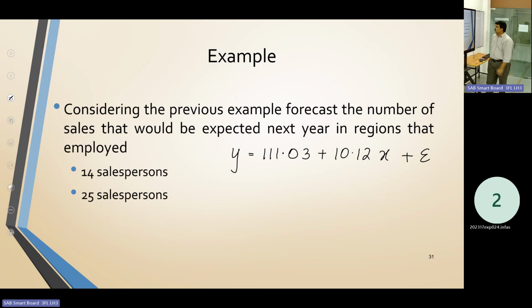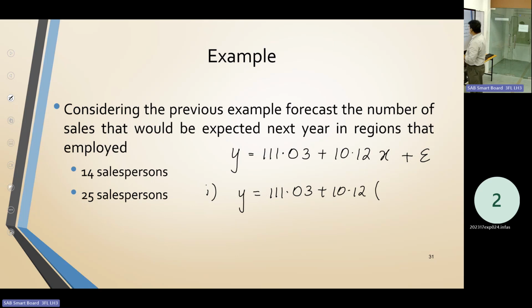Okay, so first part, substitute. Y equals 111.03 plus 10.12 times x. So x is 14, and we drop this epsilon. You can use the calculator to simplify, and that will be the forecasted value.